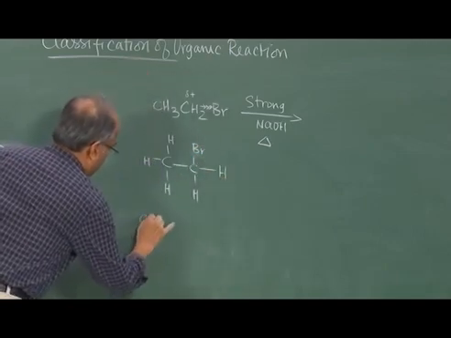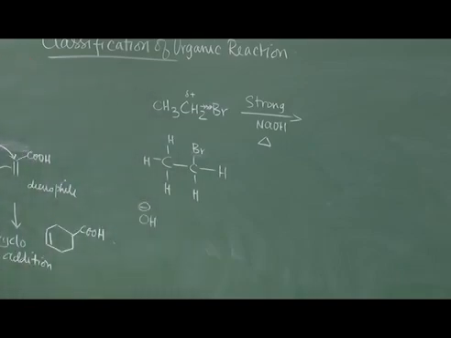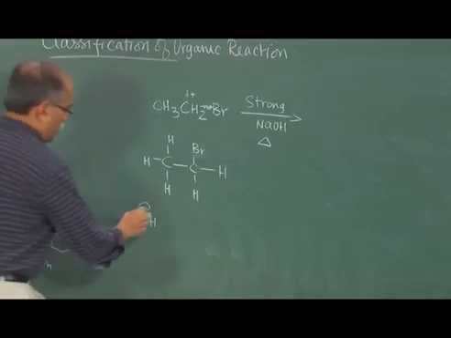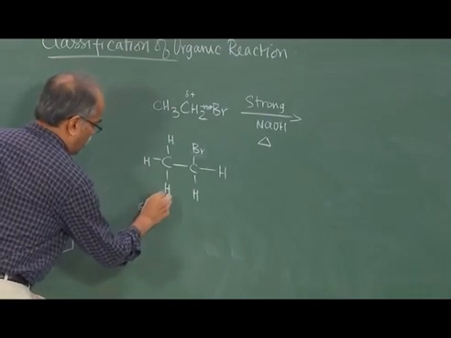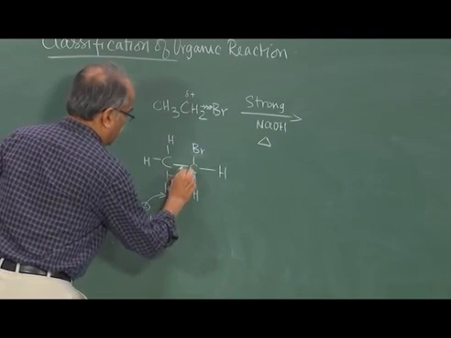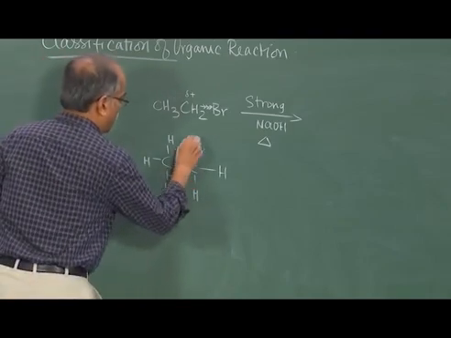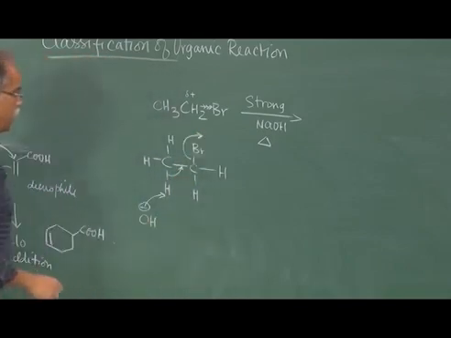The hydroxide ion is the base that is abstracting a proton. So, from the electron rich center you go to an electron deficient center, and this is essentially breaking a carbon hydrogen bond here, forming a double bond, and the bromine is lost as a bromide ion.